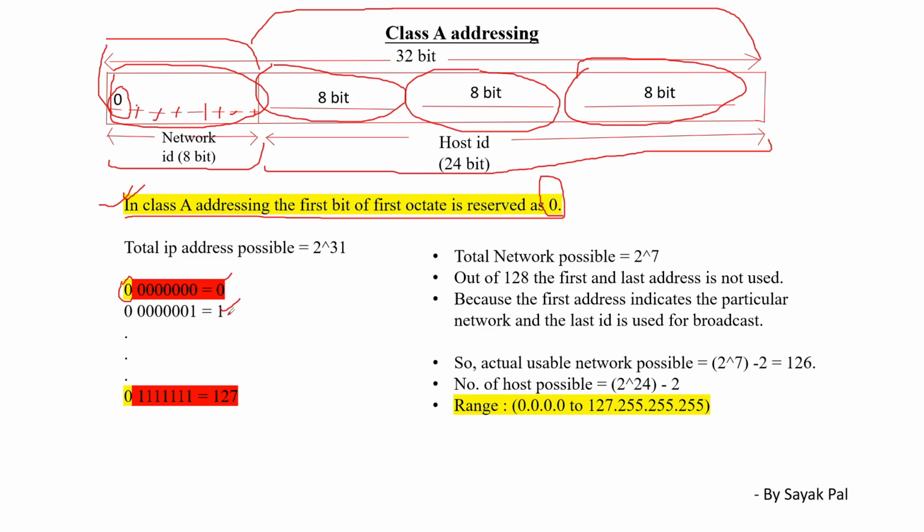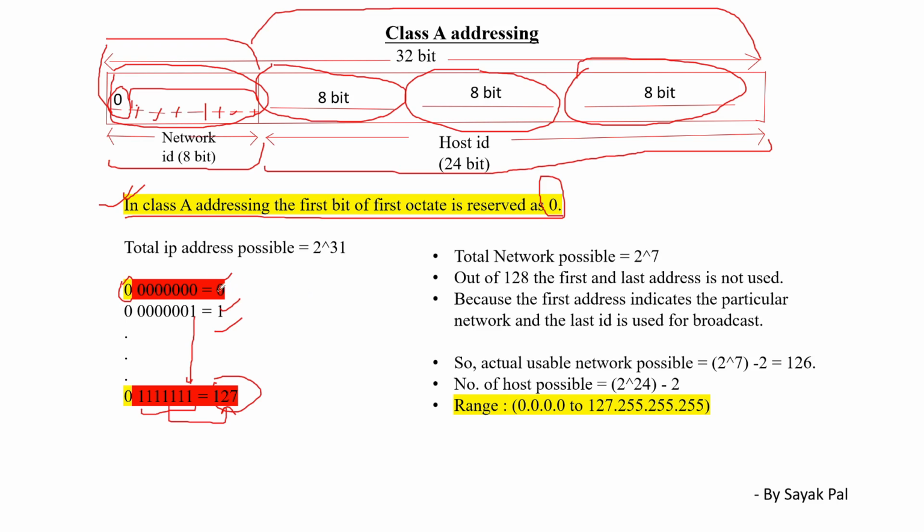Then 1, then 2, and in this way all the way to all ones. All these 7 bits set as 1 is nothing but 127 if we convert this into decimal. So the range of IP addresses in class A is 0 to 127.